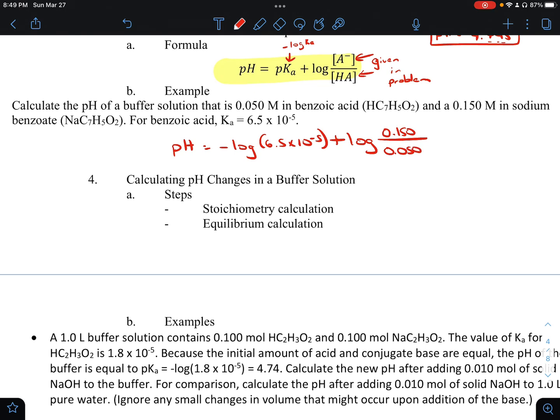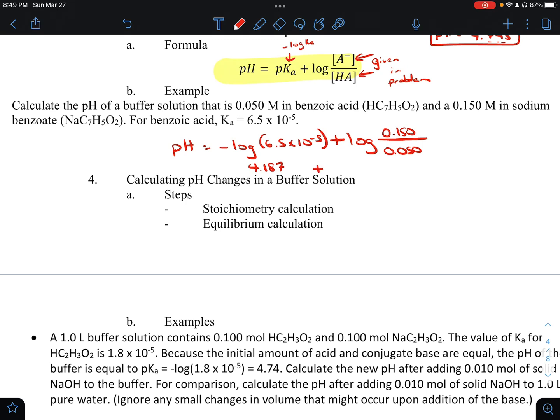Remember with logs, we have to do those first. So let's go ahead and knock those out. Negative log of 6.5 times 10 to the negative fifth gives us 4.187.